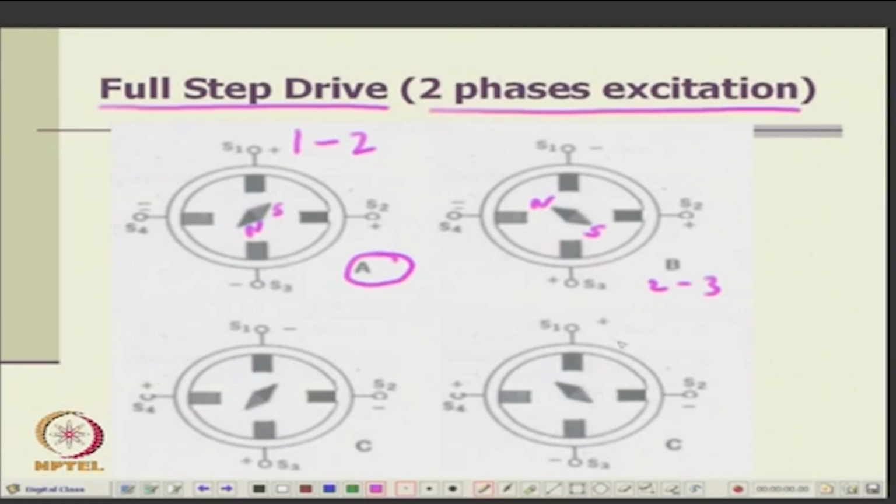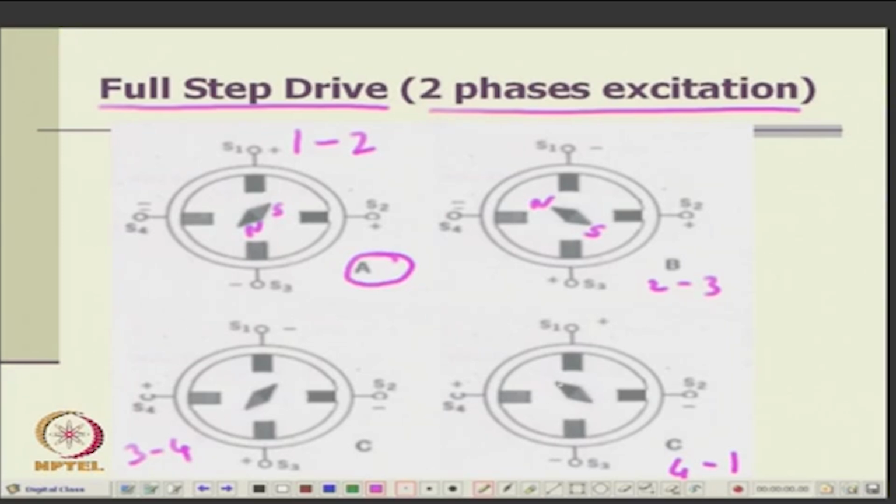Where is it? I think it seems to be identical, is it? No, this is the other way around. Yeah, this is basically 3 4. So 1 2, 2 3, 3 4, this should be 4 1. Yeah, I think there is a mistake here.